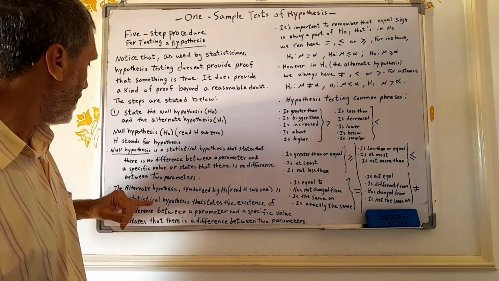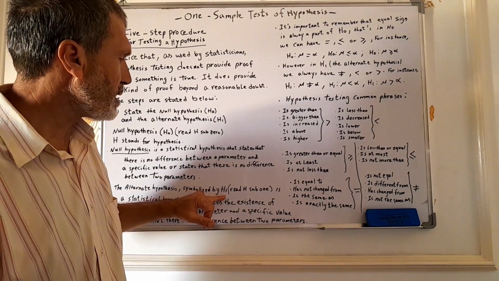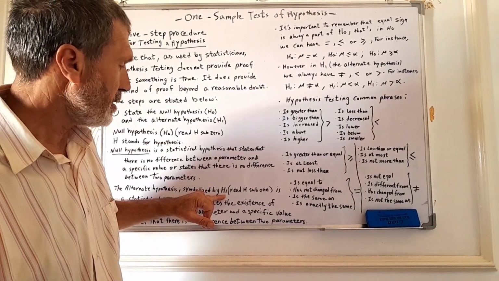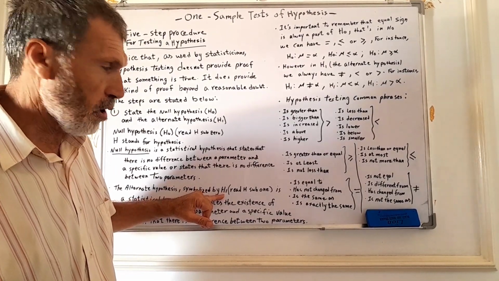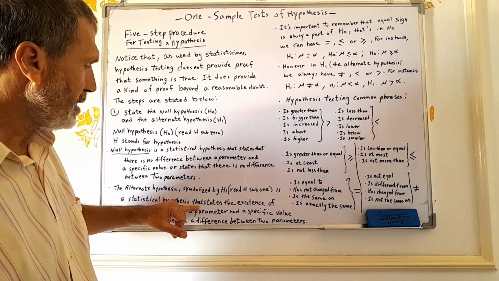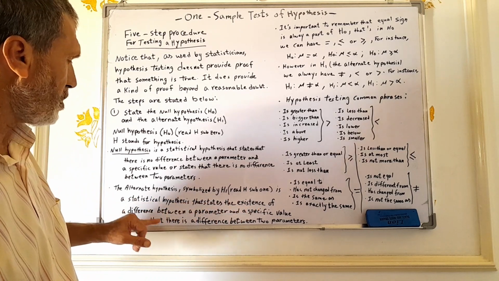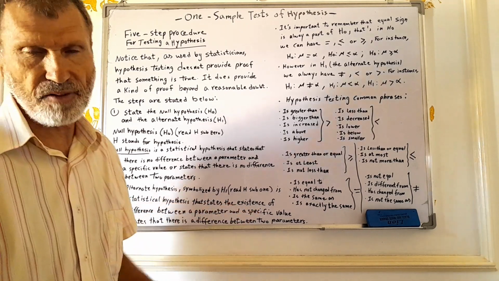The alternate hypothesis, which is symbolized by H sub 1, is a statistical hypothesis that states the existence of a difference between a parameter and a specific value.